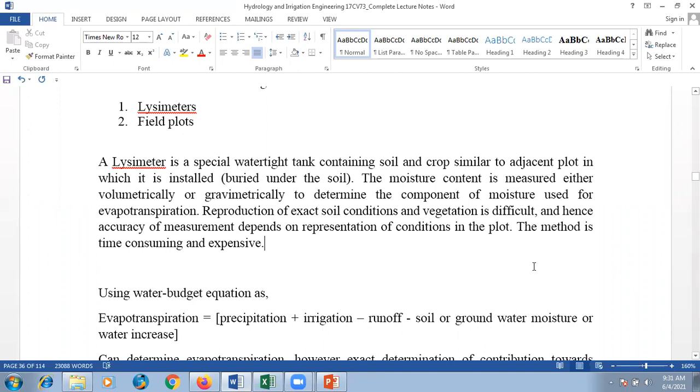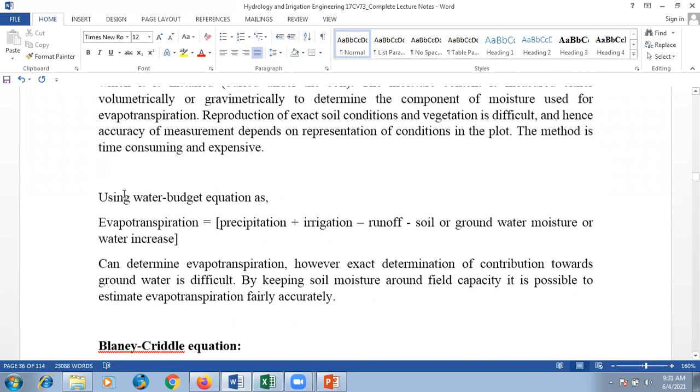And for any little change in the crop type, crop variety, nature of the crop, again, the same procedures have to be repeated. So at the end, finally, we will not be able to get the desired accuracy by which we need to know the evapotranspiration. Hence, there are alternate methods.